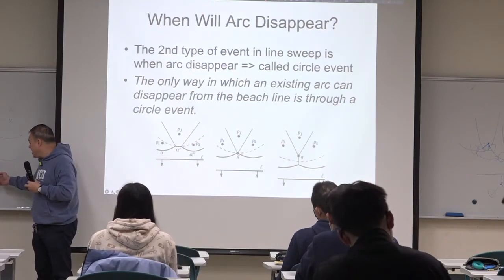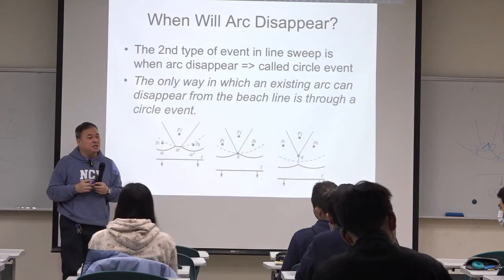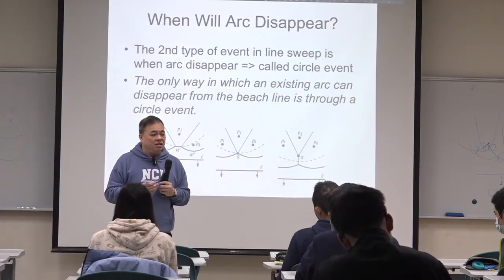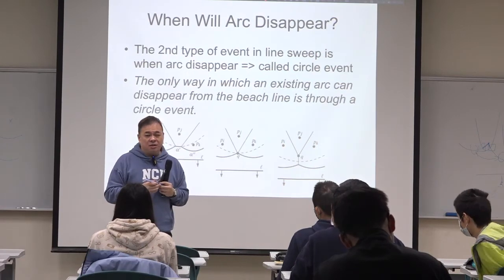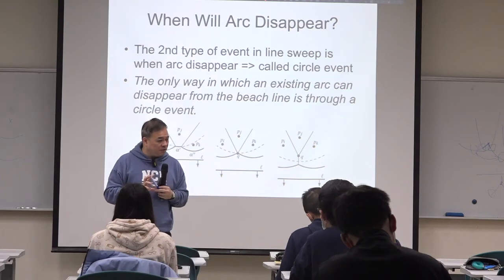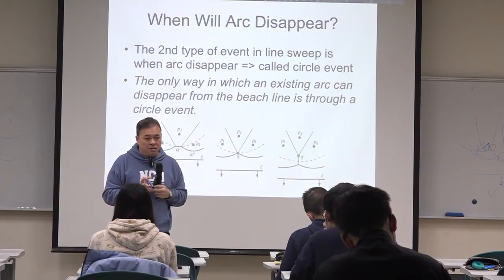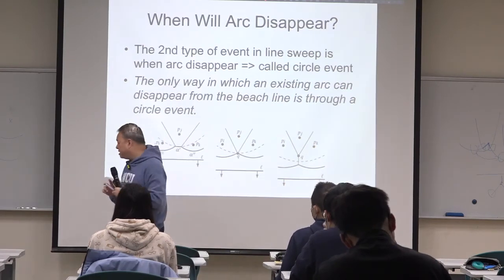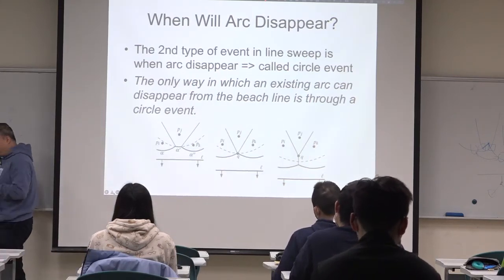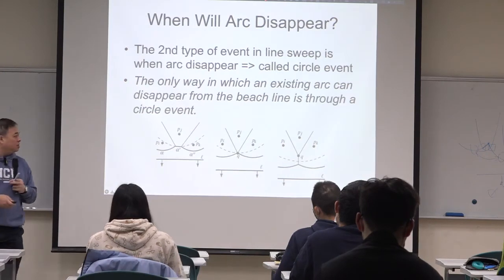When you get this event point out of the event queue, you will find that one of the arcs is no longer active, so you don't deal with it. You just skip it. Be very careful here. So basically just these 2 different events.